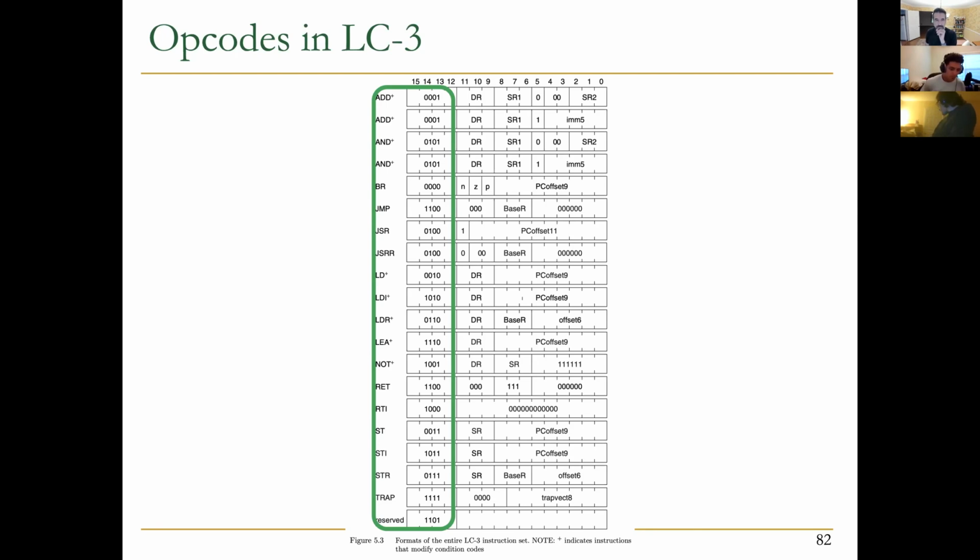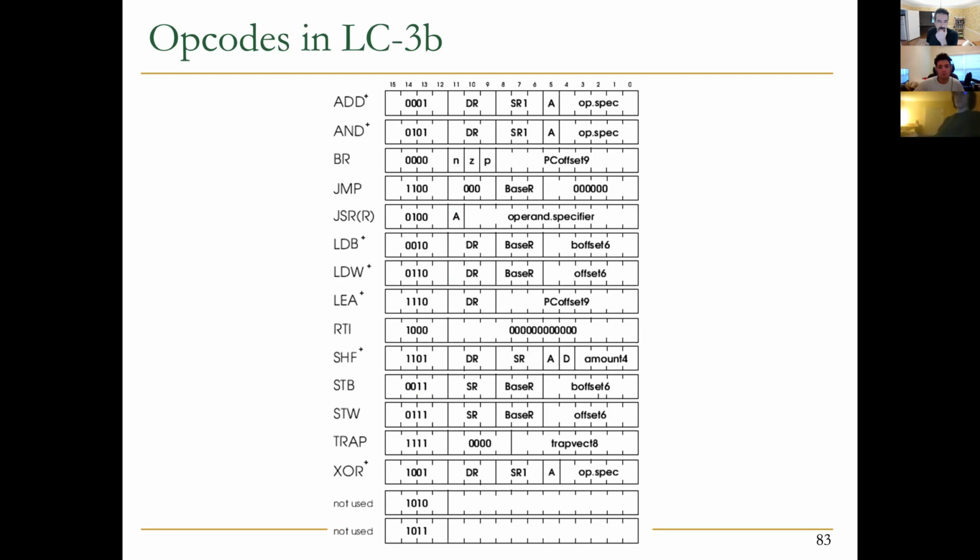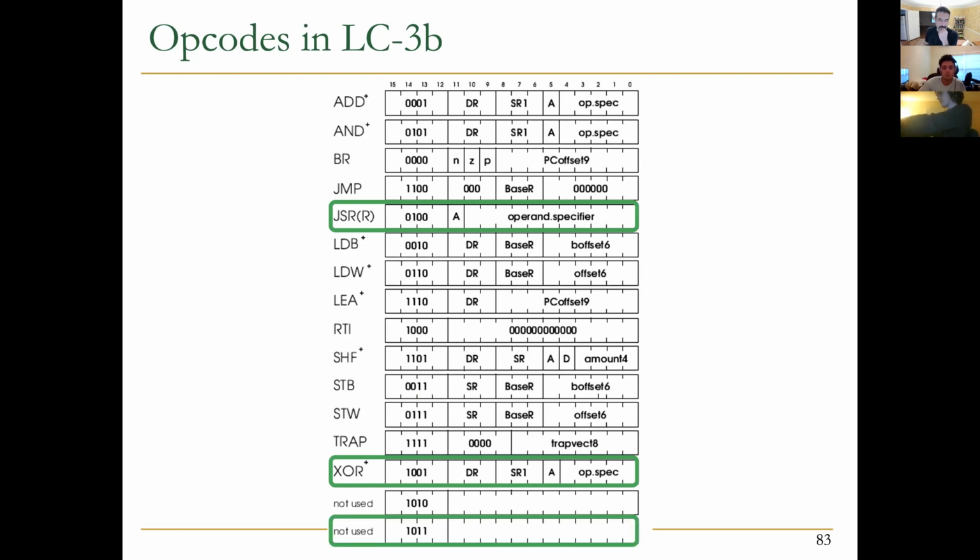Again, we went through only a few of them previously, but you have again 16 different instructions in LC3. And in LC3B, the extension of this, there are some new instructions that appear. So LC3B is an extension follow-up ISA for the LC3 machine.